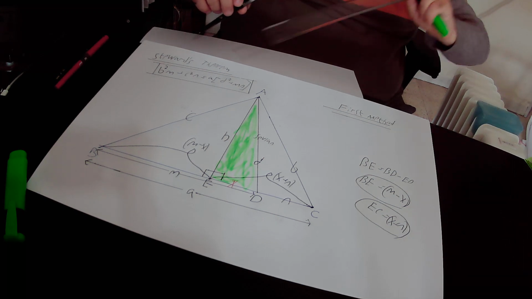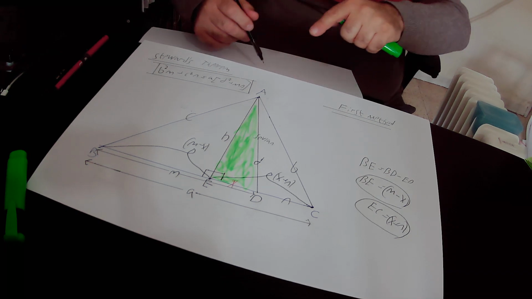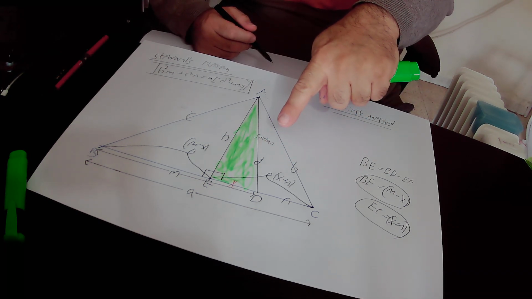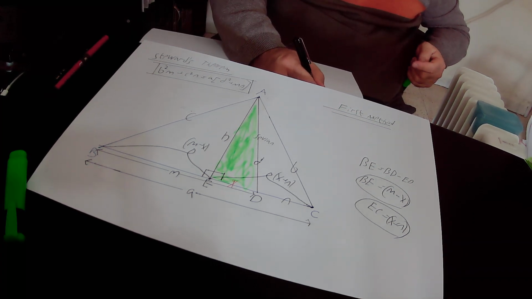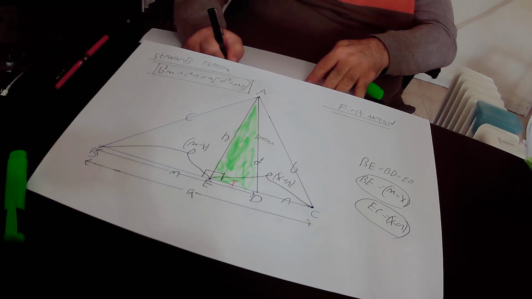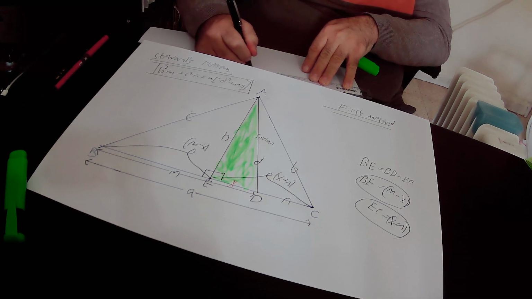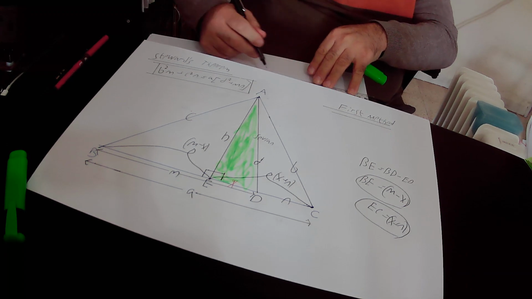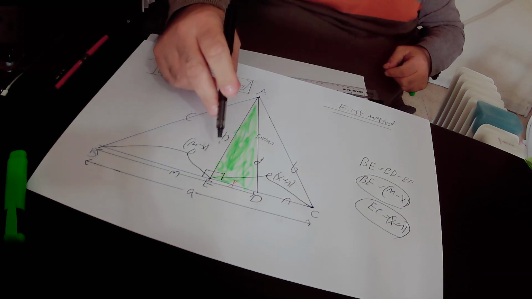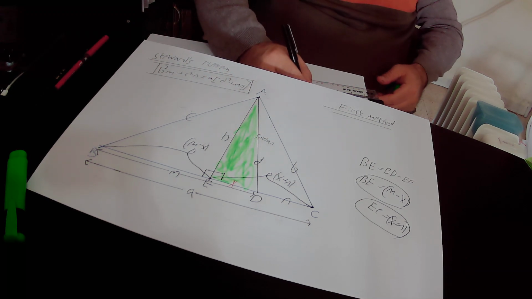So, in the right green triangle AED, the hypotenuse is AD, therefore the square of the hypotenuse is AD squared, and it must be equal to the sum of the squares of the perpendicular sides. That is to say, AE squared plus ED squared.